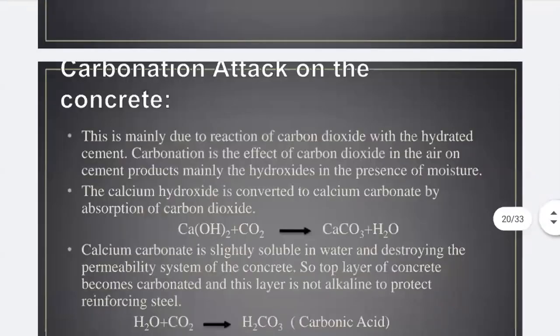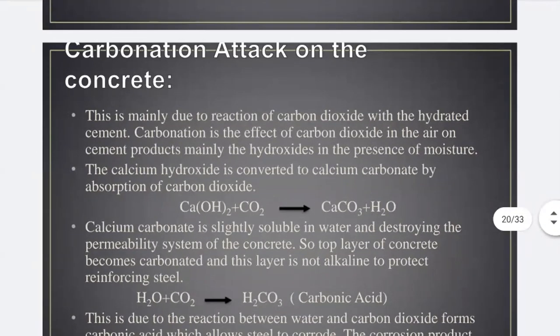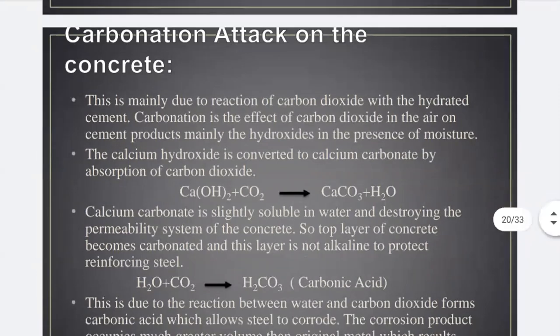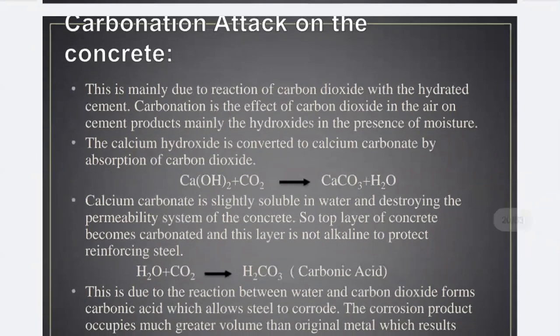Now one by one we will see the carbonation attack on the concrete. This is mainly due to the reaction of carbon dioxide with the hydrated cement. Carbonation is the effect of carbon dioxide in the air on cement product, mainly the hydroxide, in the presence of moisture. Okay, no need to remember this reaction.